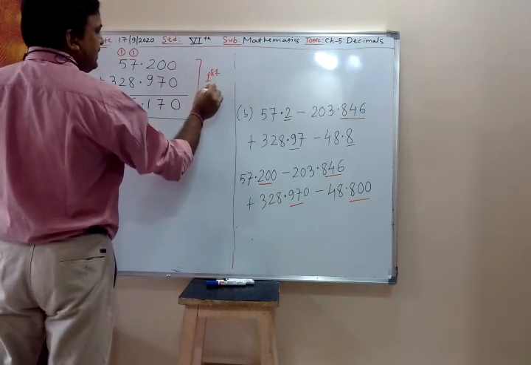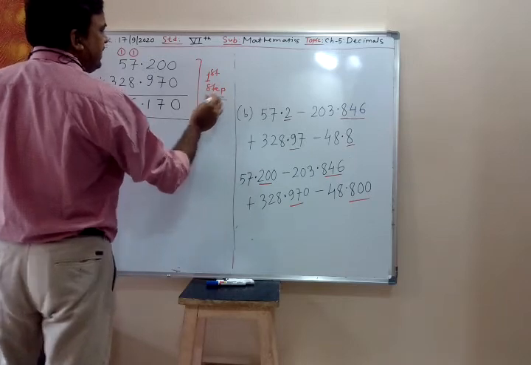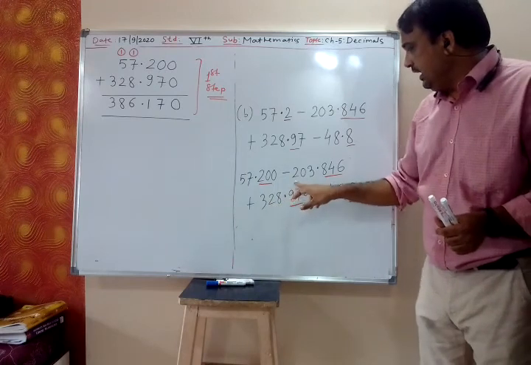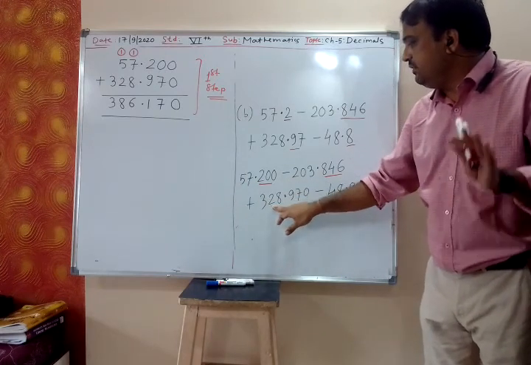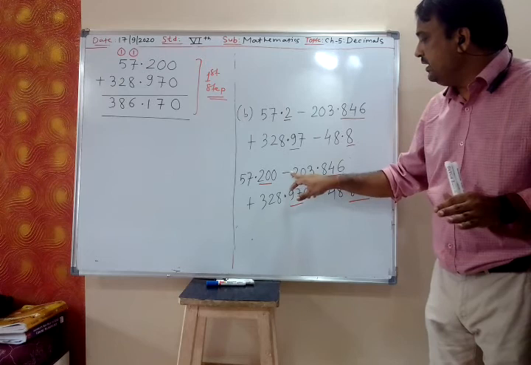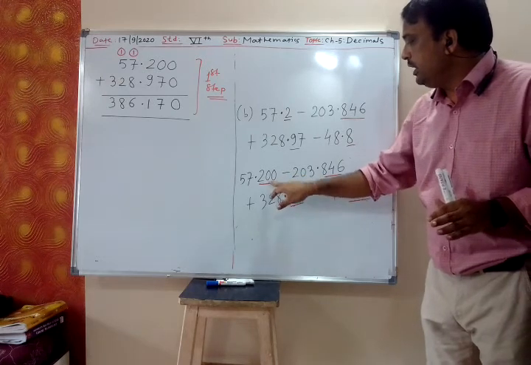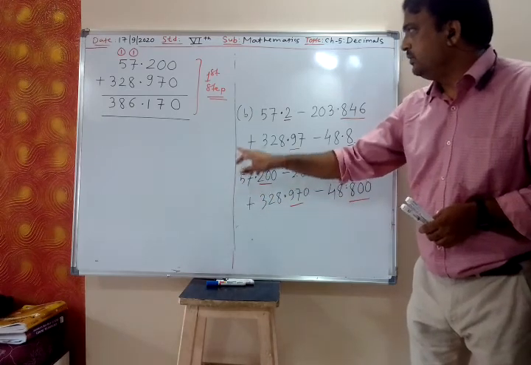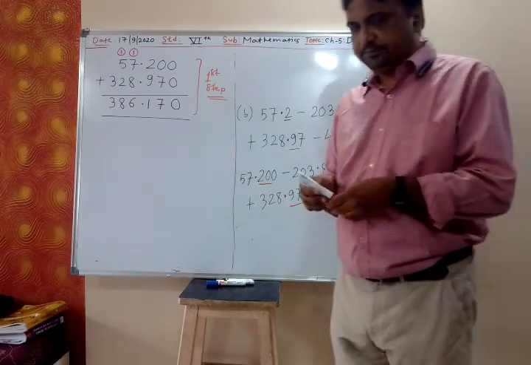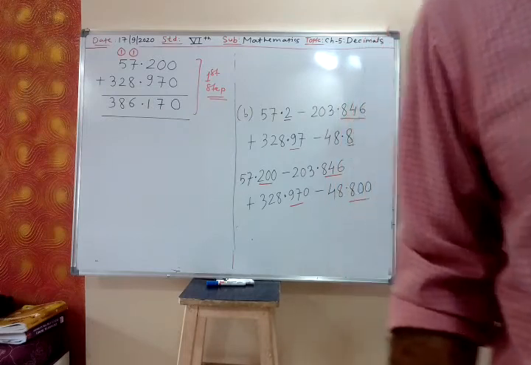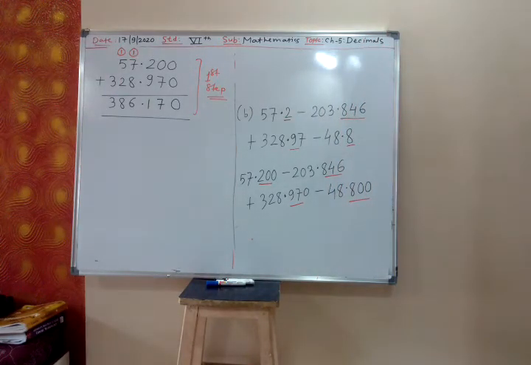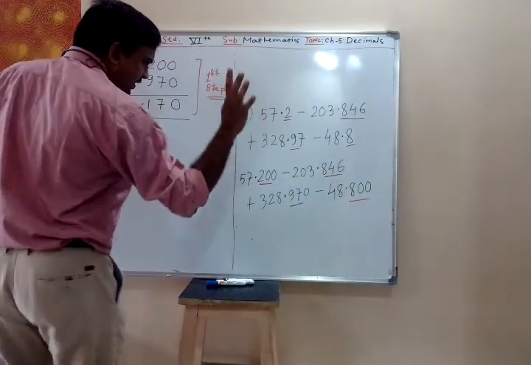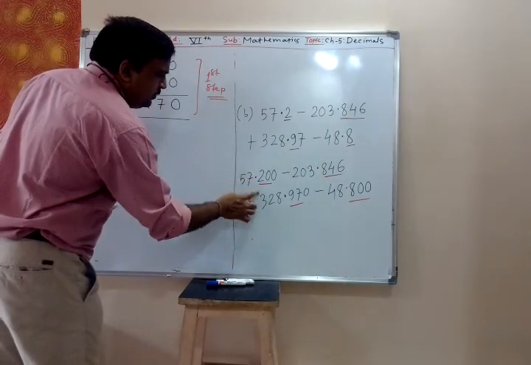Then which numbers are left? 57 and 328 we have added. Now it is minus 203.846.